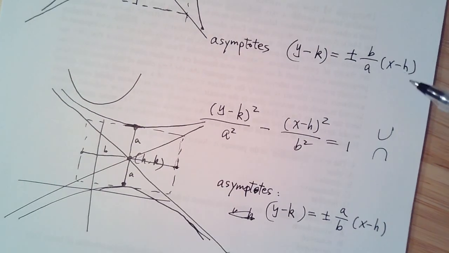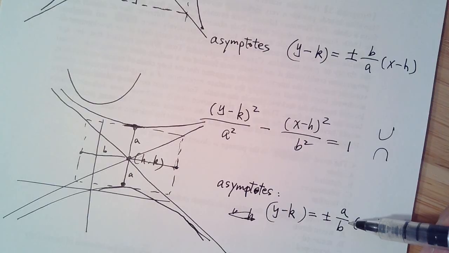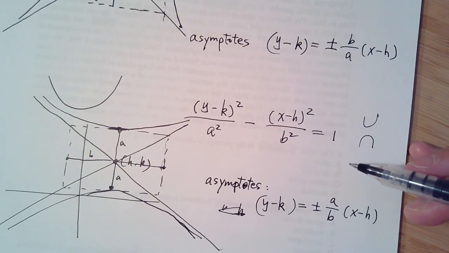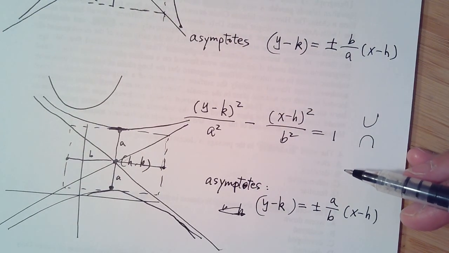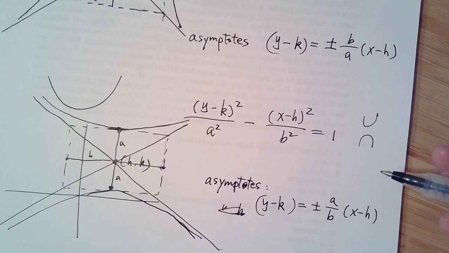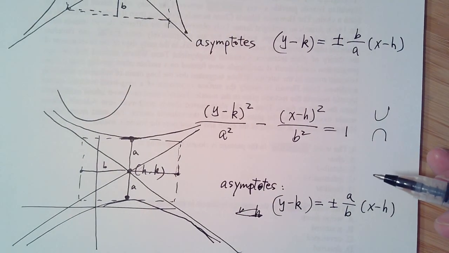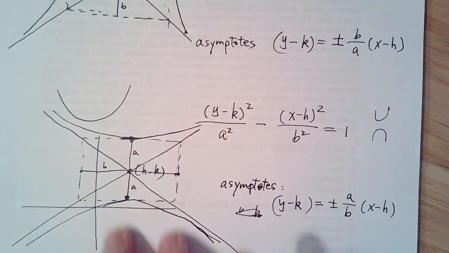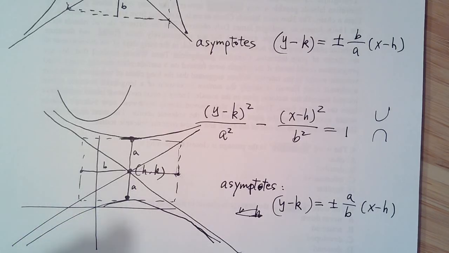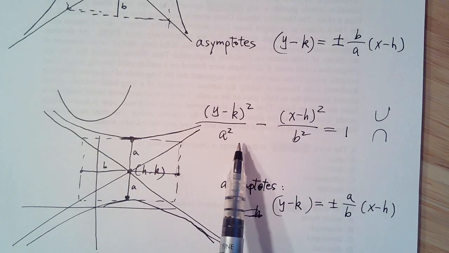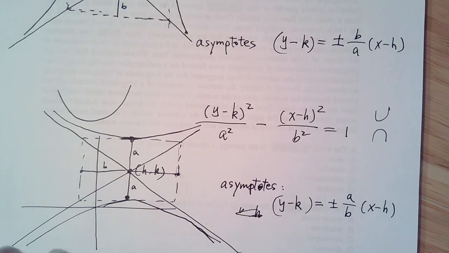You can see this one is b over a, this is a over b, and it's really hard to just memorize that. Even if you have a cheat sheet of all the formulas with you, I hope that you can remember what this is. From this equation, you can identify a lot of things, graph it, and get all the equations you want.